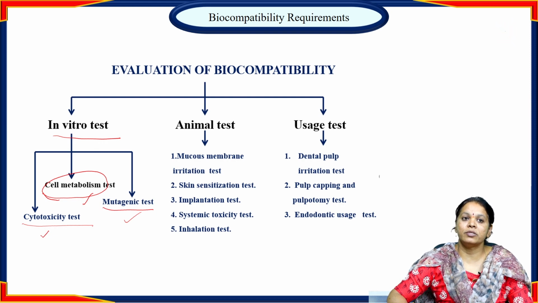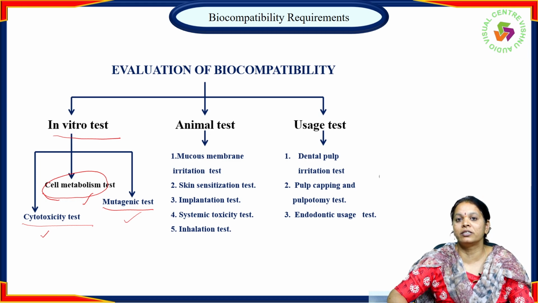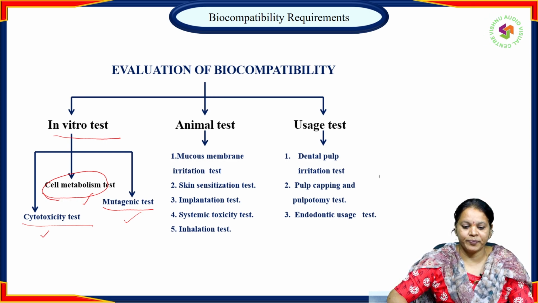When this happens, the cell gets changed mutationally, its property will be changing and it tries to get proliferated multiple times, and this uncontrolled undesirable proliferation of that tissue may cause cancer. So that is the level of carcinogenicity which can be assessed with respect to mutagenic test.